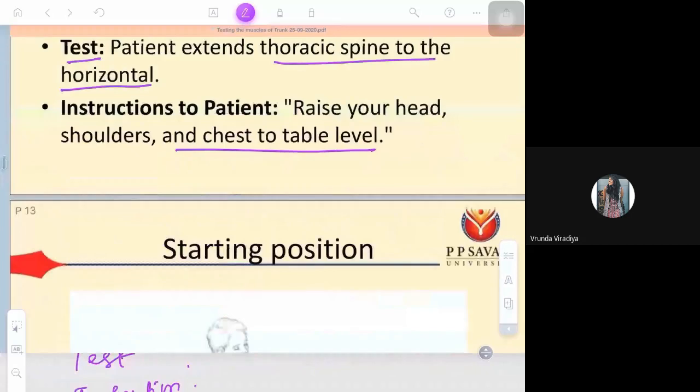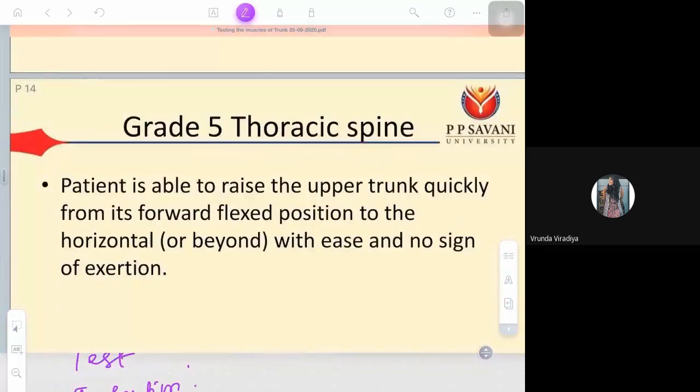Now, what is grade 5? How will you grade the muscle? As I have already discussed, by the response of the patient you will grade whether the patient has muscle power 4 or 5.